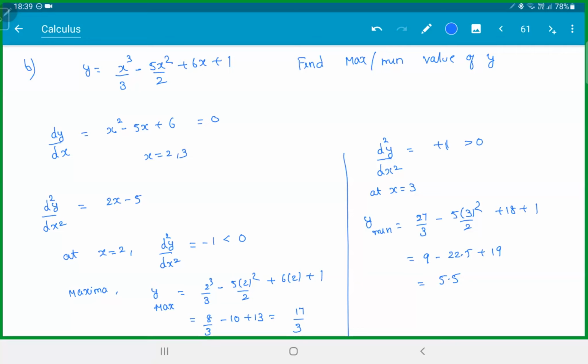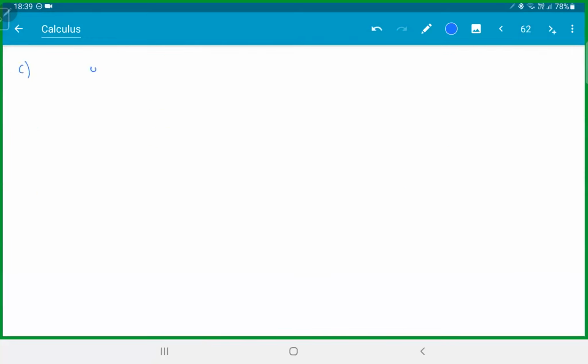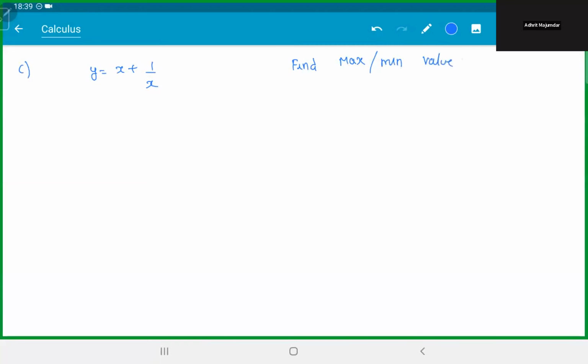Turn the page. Suppose you have y is equal to x plus 1 by x. Find the maximum and minimum value of y and plot the graph. Let's get this thing.